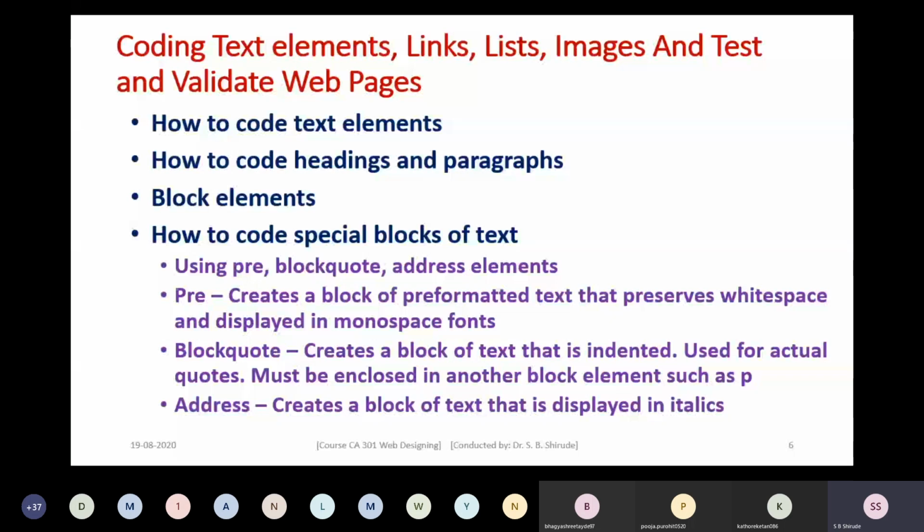Okay. After metadata, I will explain the next topic, in which we will learn how we can code the text elements, and for that we make use of headings and paragraphs. How can you code headings?